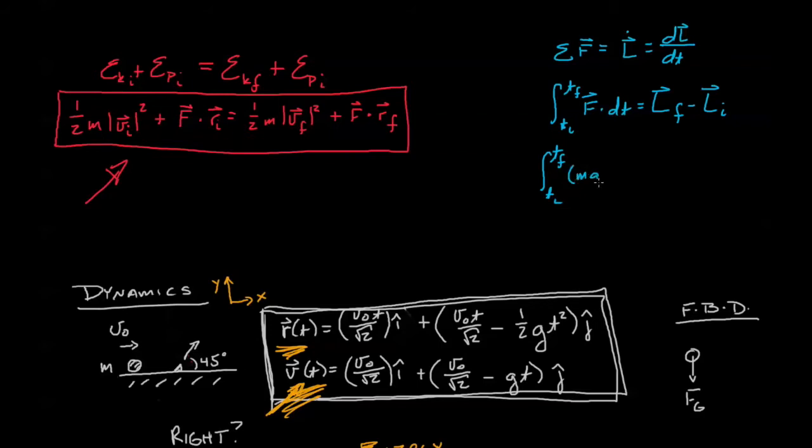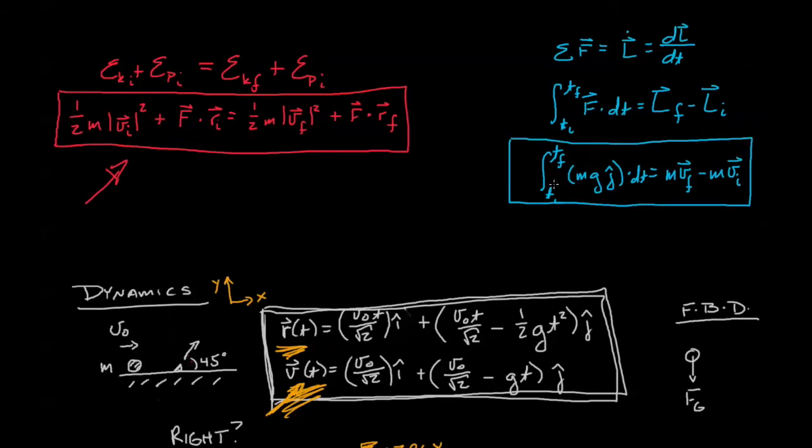That's simply mgj dt equals the final momentum, which will be mass times the final velocity as a vector minus mass times the initial velocity as a vector. So here we have a third equation that shows conservation of momentum for all time.